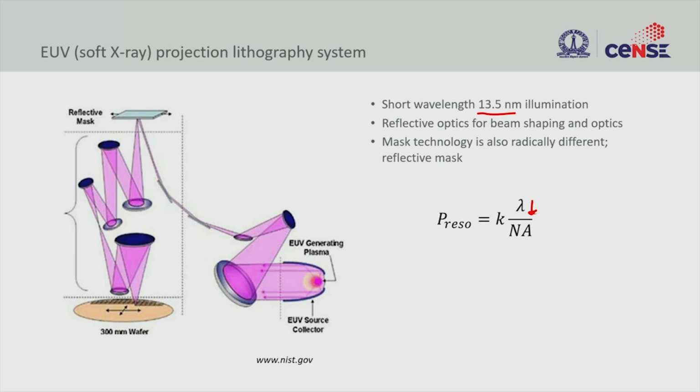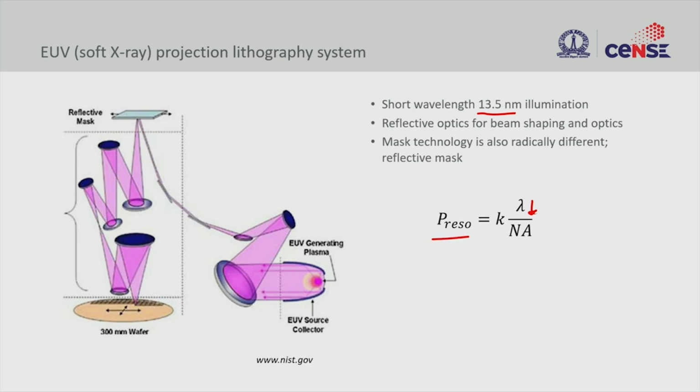This is soft X-ray type. The rays are generated from a plasma source and used in reflective optics, which is very different from the transmission optics that we have seen in optical lithography. So by reducing lambda, we are trying to achieve better resolution.